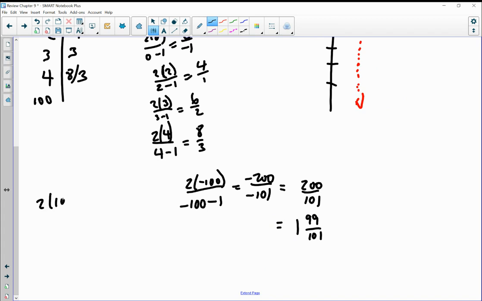So 2 times 100 over 100 minus 1. 200 over 99. So then this will turn out to be definitely over 2. 2 times 99 is 198, 2 more. So 2 and 2 over 99.